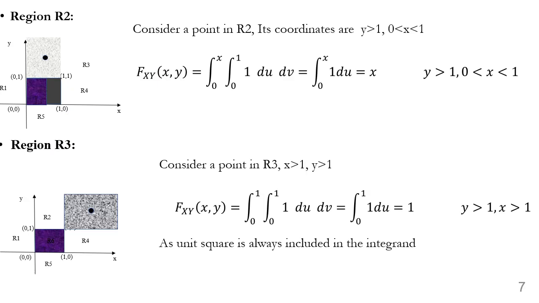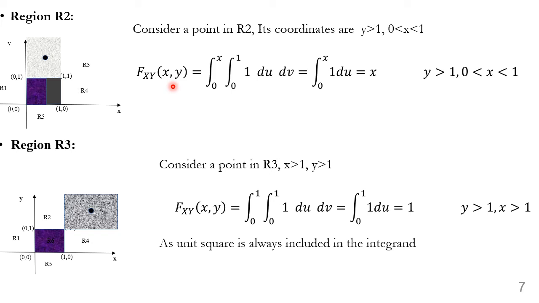We'll consider the second region. This is the region. Now, in this region, let us consider a point. This is the point under consideration where the y value is greater than 1 and the x value varies from 0 to 1, anywhere between 0 and 1. So let us try to integrate the PDF in order to get the CDF.